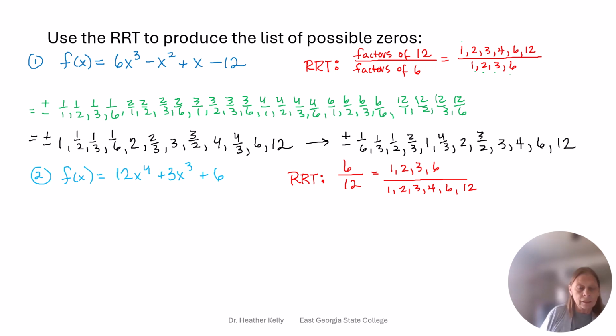So let's get the list. I probably will not put this list in numerical order because we're not really doing anything with the list. We're just writing it out, just practicing.